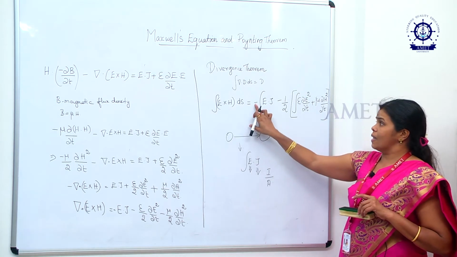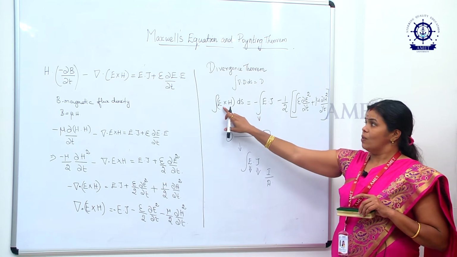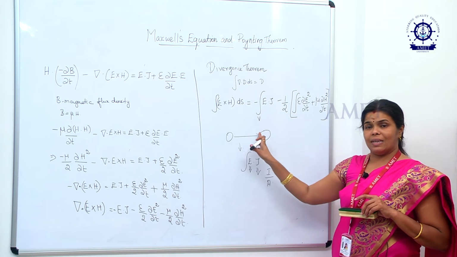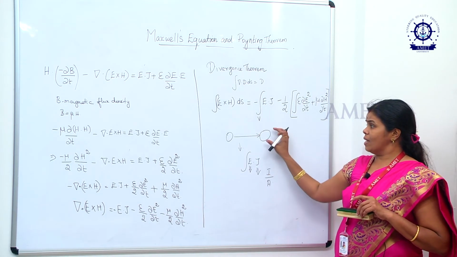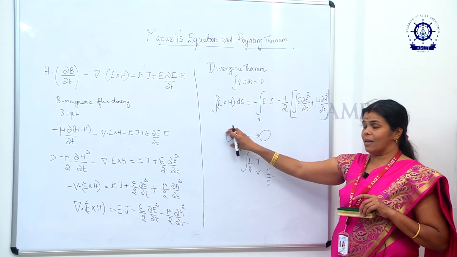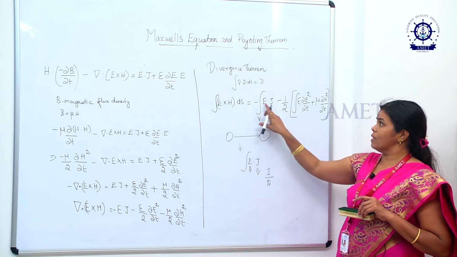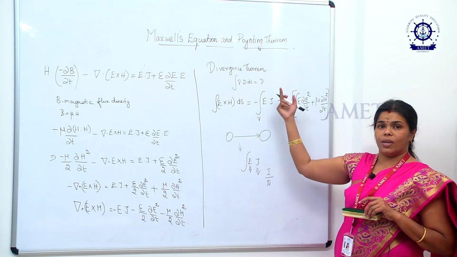So only in these two terms we are having the negative symbol. The wave is having both electric as well as magnetic field. When it is traveling and reaching the destination, the energy stored in the wave at the transmission side keeps on decreasing. So only we are having the negative symbol. That is explained by the Poynting theorem.